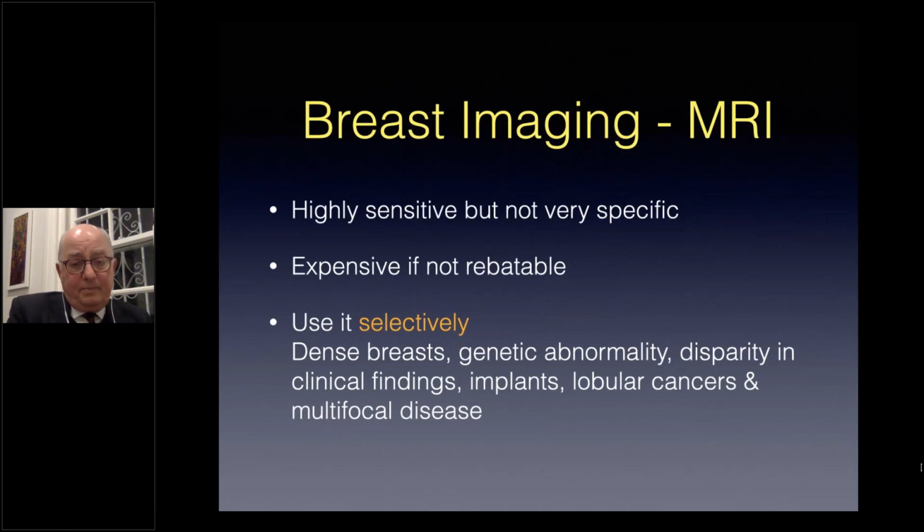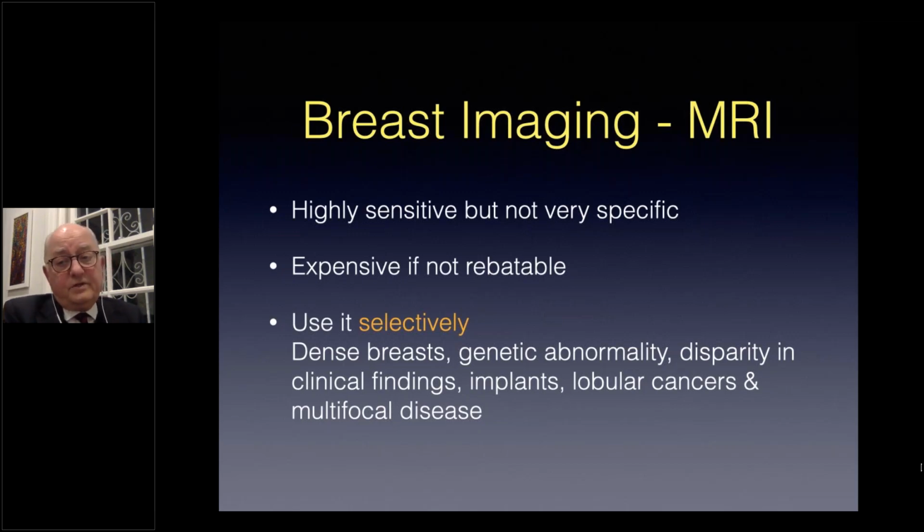And that's mainly for people who've got very dense breasts, such as young women with difficult clinical situations, families where there are genetic abnormalities or appear to be genetic abnormalities, where we see disparity between the clinical findings and the imaging report.